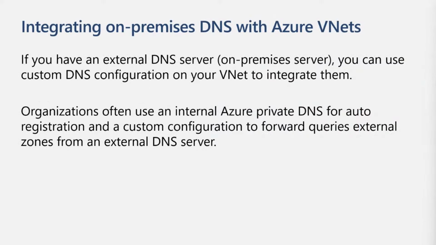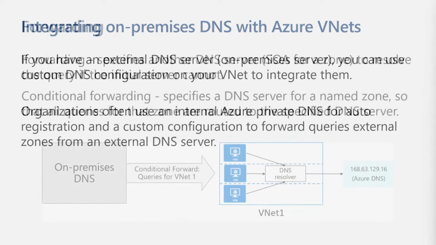If you have an external DNS server, for example an on-premises server, you can use custom DNS configurations on your VNet to integrate them. Organizations will often use an internal Azure private DNS zone for auto registration, and then use a custom configuration to forward queries to external zones from an external DNS server. When we think about forwarding, there are two types.